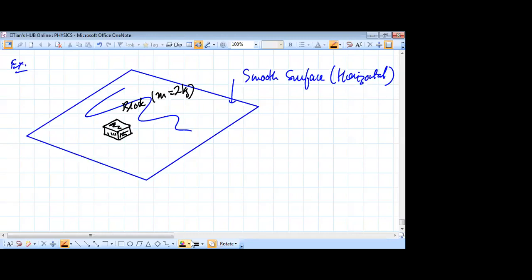Now on this block we are applying two horizontal forces, but they are in this sort of direction. One person is pulling it with a force like this and another person is pulling it with a force, let's say like this.